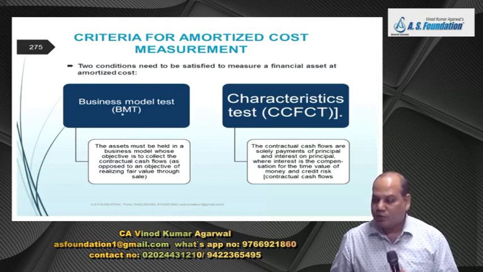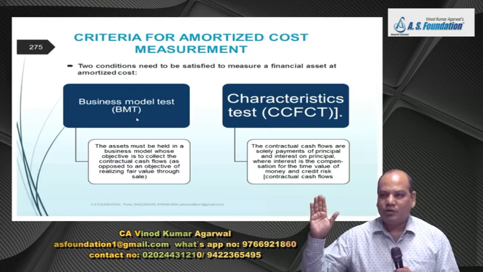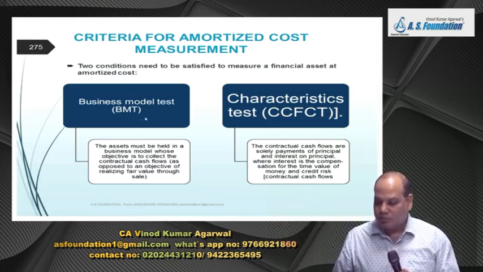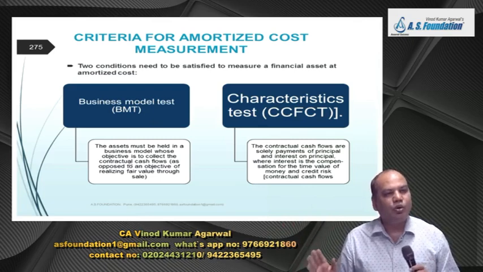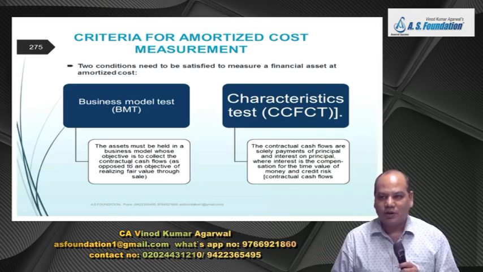So whatever cash flow this asset will generate, your objective must be to collect all those cash flows. Of course, in extreme situation, you may sell it. But main objective is that I am going to hold it and I'm going to collect all the cash flows this instrument will generate.